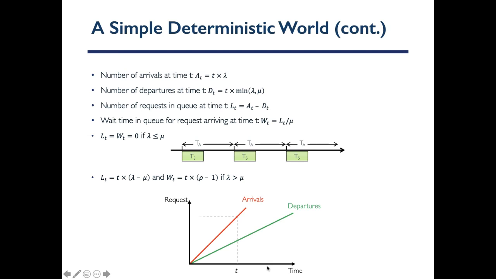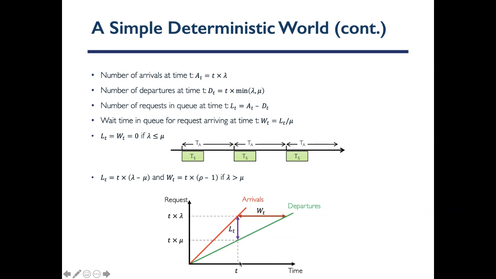So at any given time, this is going to be the number of arrivals, T times lambda, and T times mu is the departures. This area here is going to be your LT, how many tasks are waiting. And a task arriving at time T takes WT to be processed. So this is LT and this is WT.